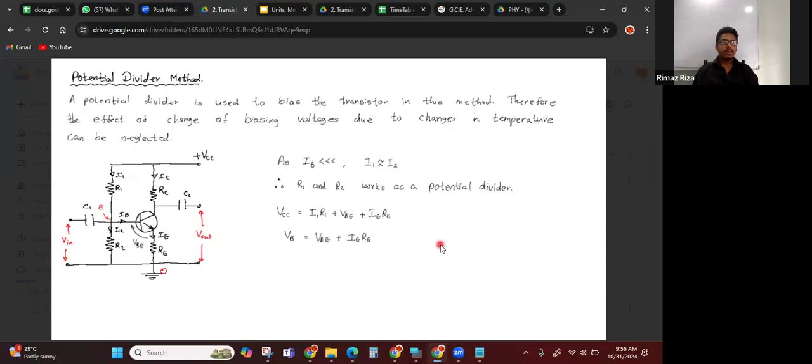I'll explain more about it. First you finish drawing this. So here this circuit is also common emitter, because you can see the emitter is common for both the input circuit and the output circuit.